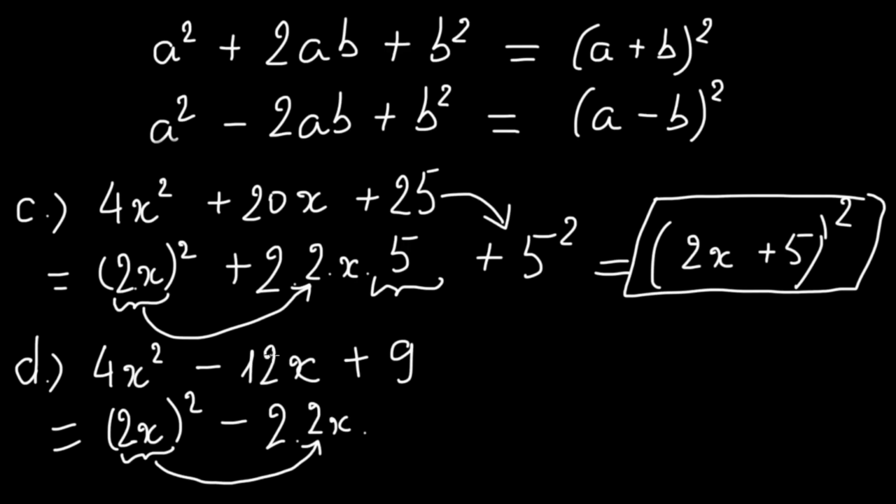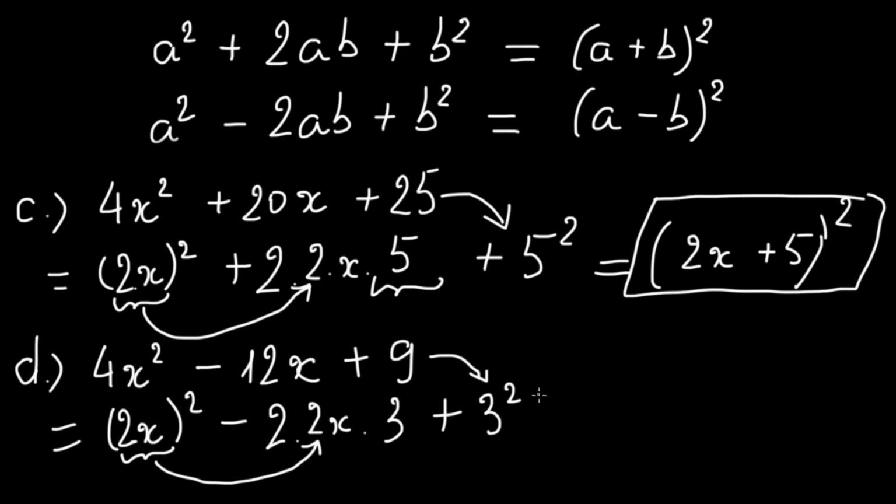You see, 12 divided by 4 is 3, because 2 times 2 is 4 already, and 4 times 3 is 12. Plus b squared. b squared is 3 squared, which is 9 right here.